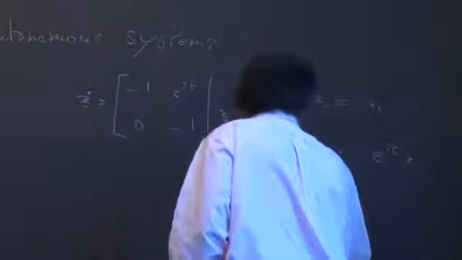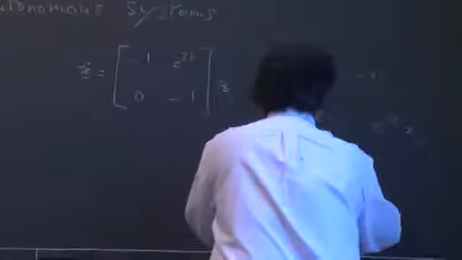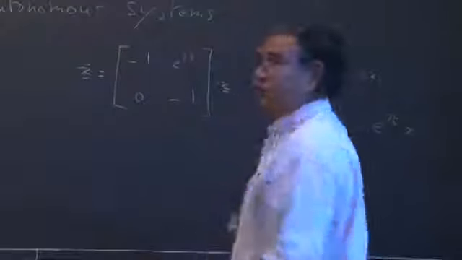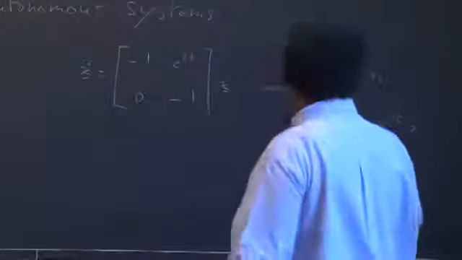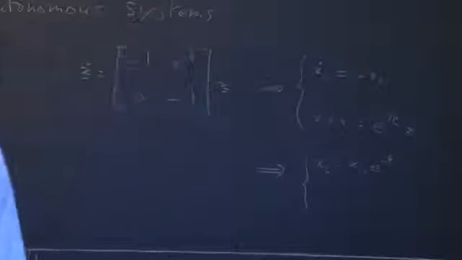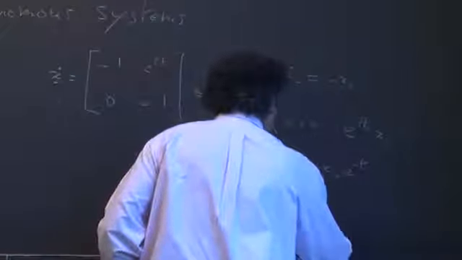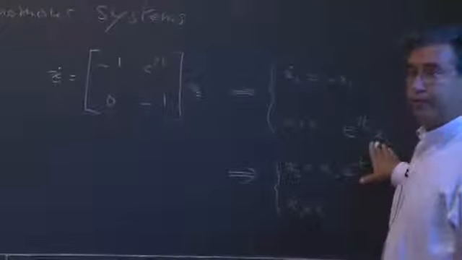And what does it give me? Well, of course, it gives me x2 equal to whatever it was initially, x2(0), e to the minus t. So far, so good. So that tends to 0. However, the first equation tells me x1 dot plus x1 is equal to e to the 2t x2, which I've just computed.